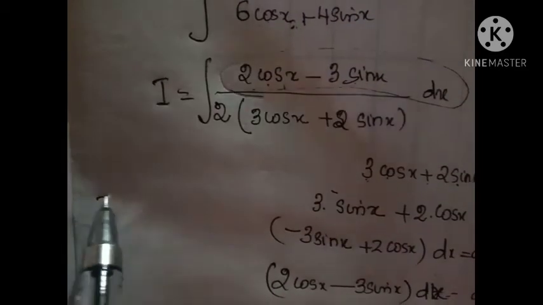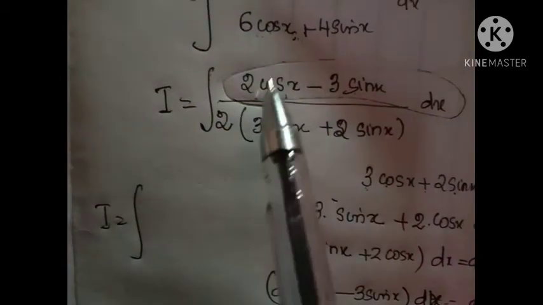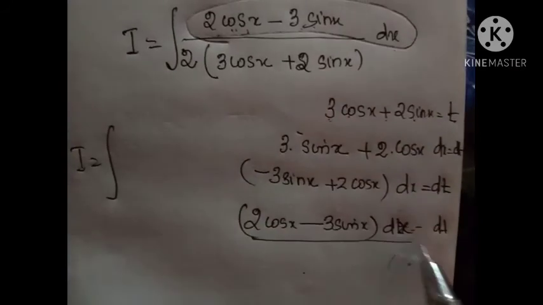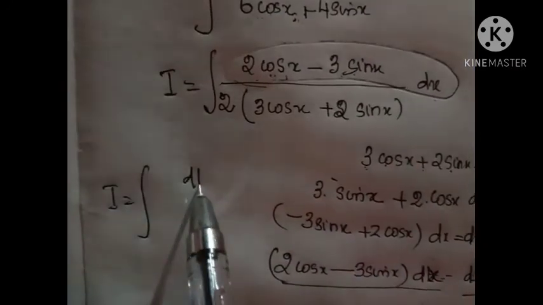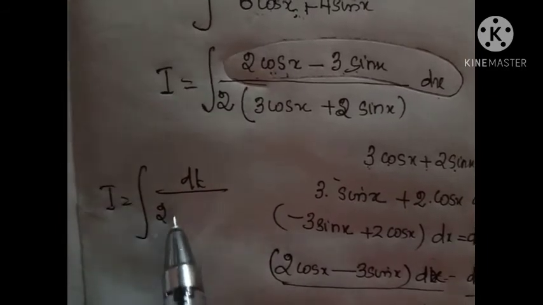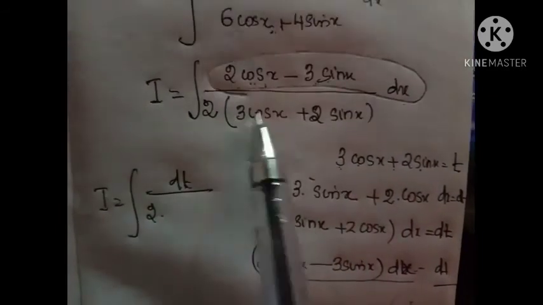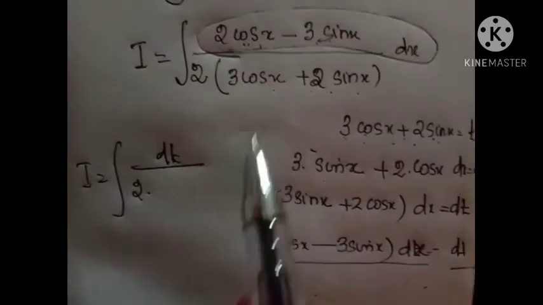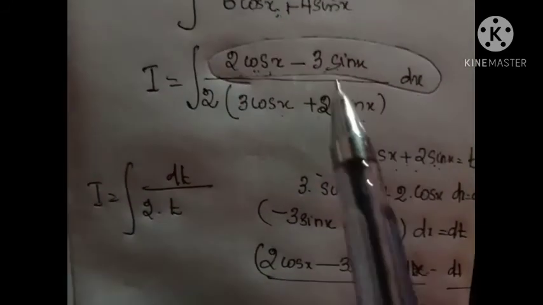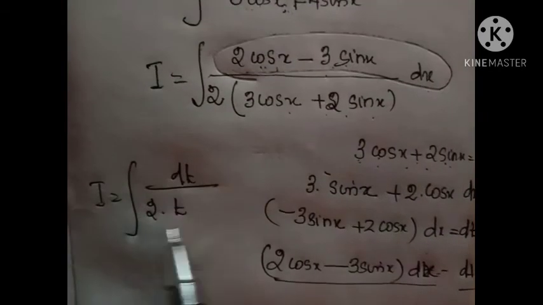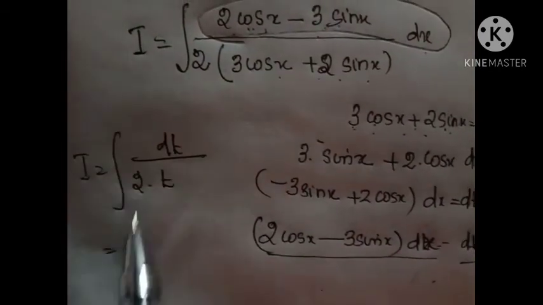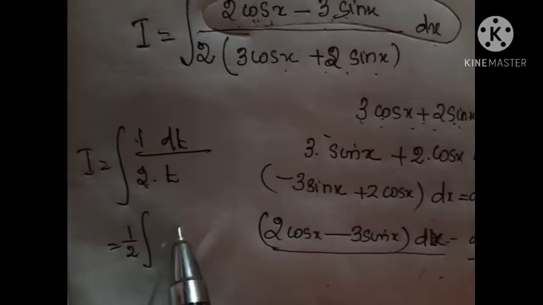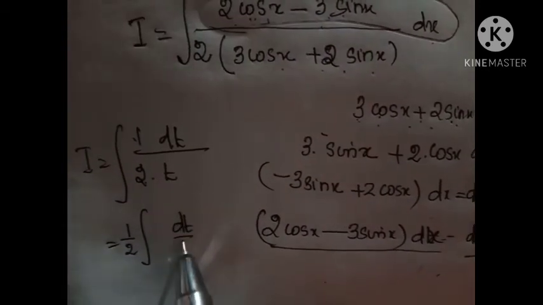Okay. So the given integral, suppose it is I. Given integral I becomes integral of 2 cos x minus 3 sin x dx. Instead of this one, we can write dt by 2 into 3 cos x plus 2 sin x. What is 3 cos x plus 2 sin x? It is t. So our given integrand reduces to a small expression. Here 1 by 2 is constant, so take it outside. 1 by 2 into dt by t.